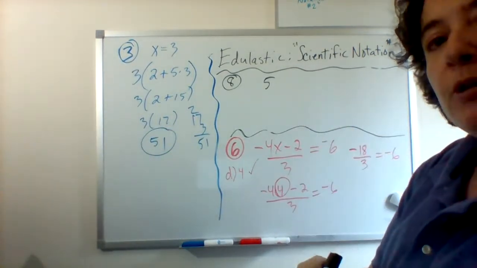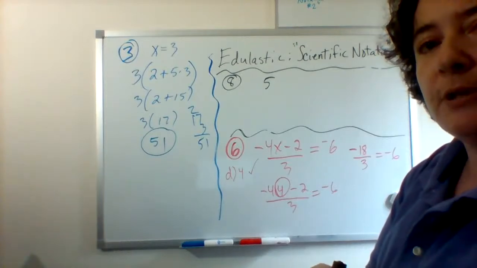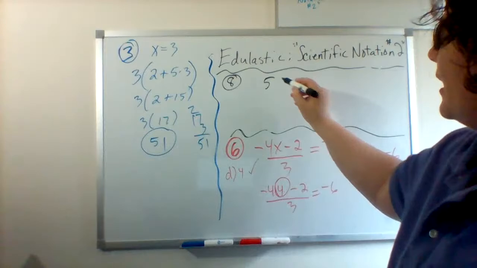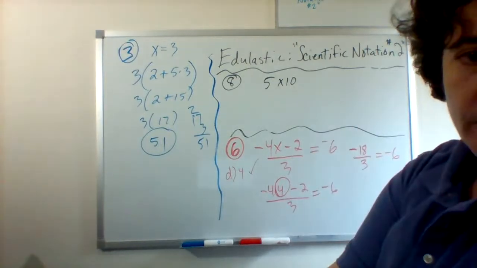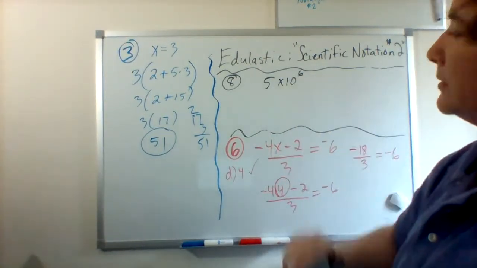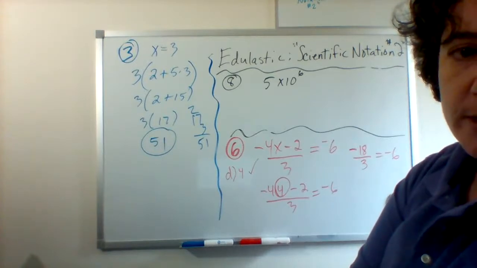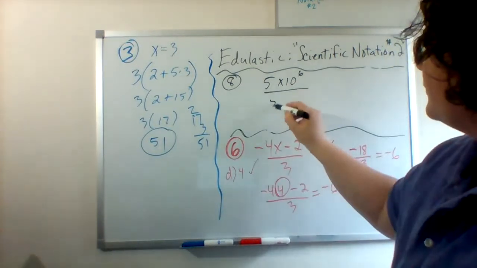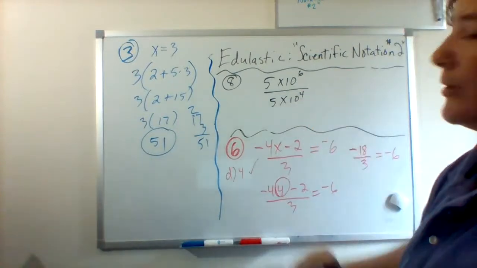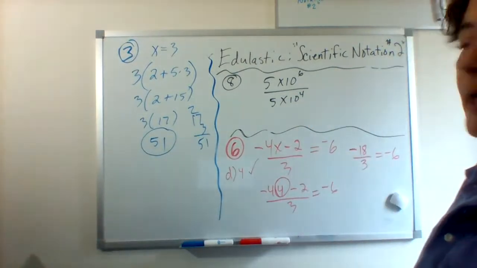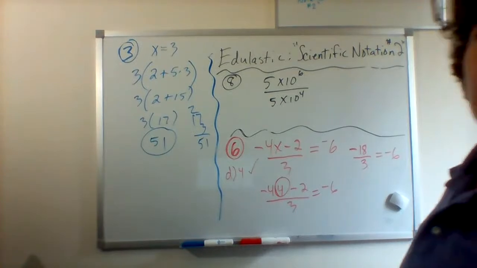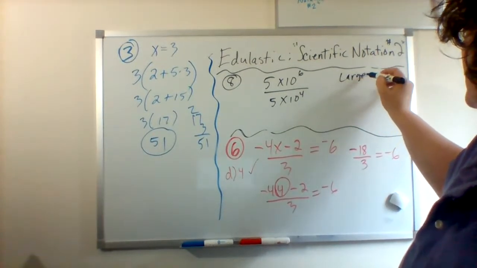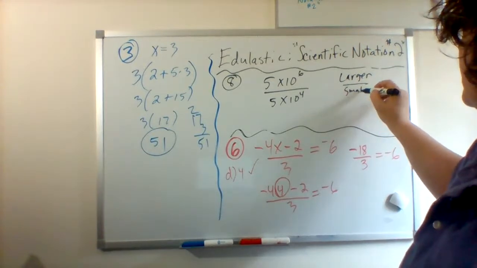This was actually just like the warm-up, so if you watch the beginning of this video, you'll see another example if this doesn't make sense. The reason why I set it up like that is because when you want to know how much larger a number is, you take the larger and you divide by the smaller.